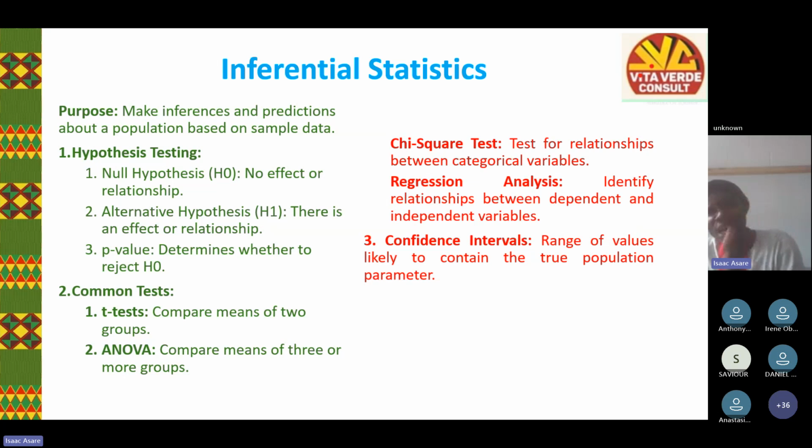So you have one dependent against one independent, or one dependent against several independent, or you can have several dependents on independent.